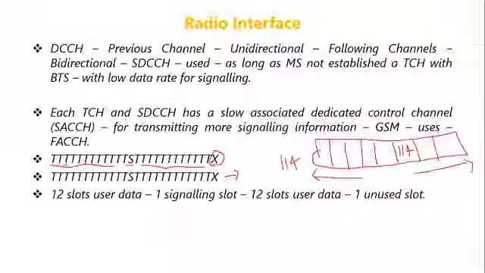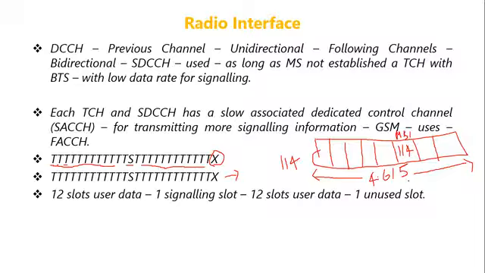One frame duration is 4.615 milliseconds. Now we want to calculate the data rate per second for one mobile station. These 114 bits will be used by one mobile station, and some other mobile station will use some other 114 bits.